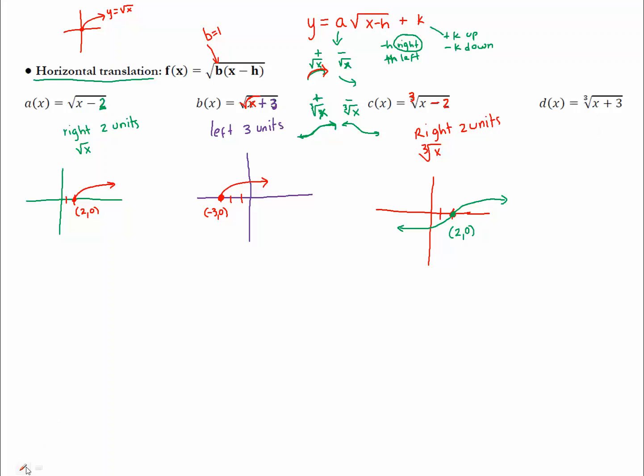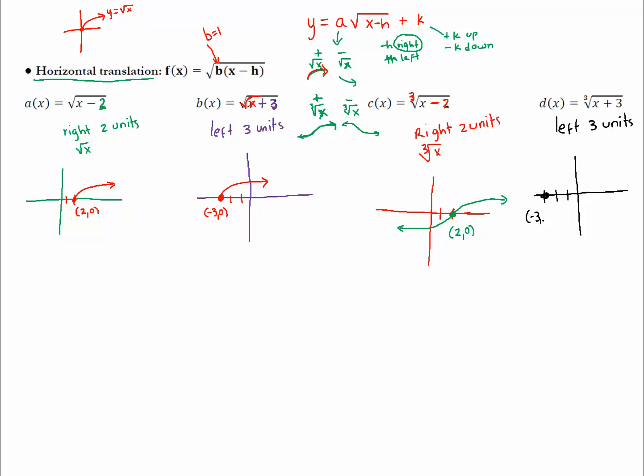All right, the next one. The next one is the cube root of x plus 3 inside the radical sign. Inside the radical sign, a plus a number means you're going to the left 3 units. And that's the only transformation. 1, 2, 3, right here.